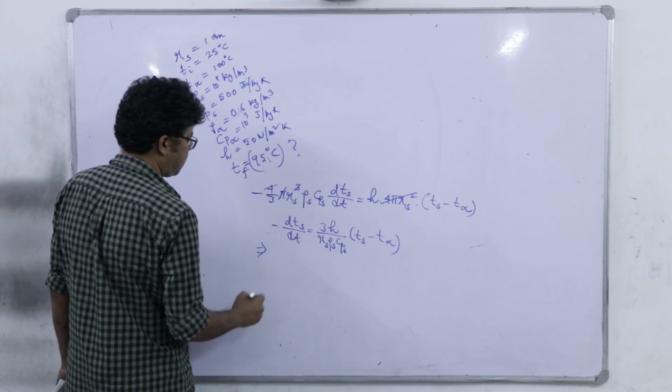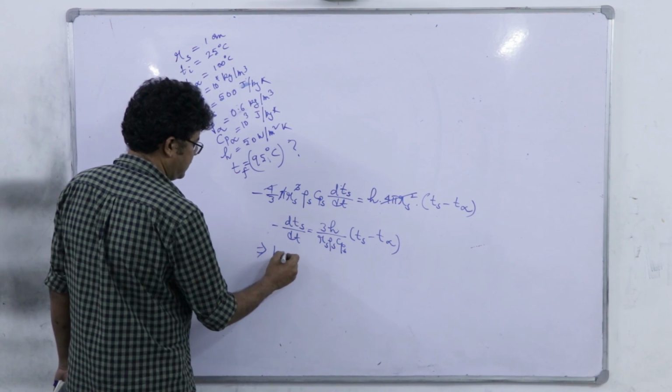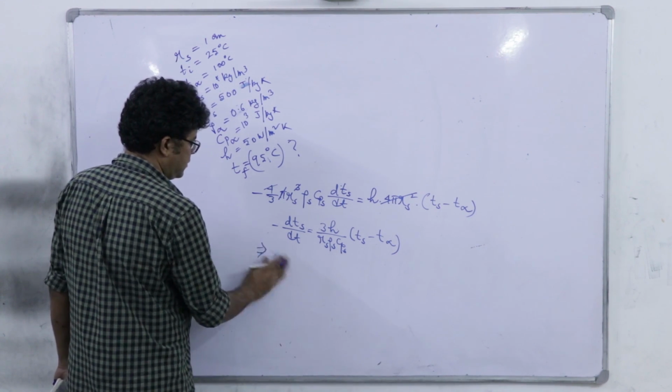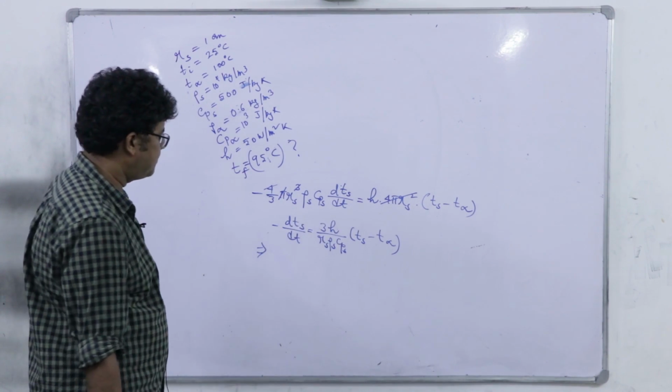So it will be log of dTs divided by Ts minus T infinity.